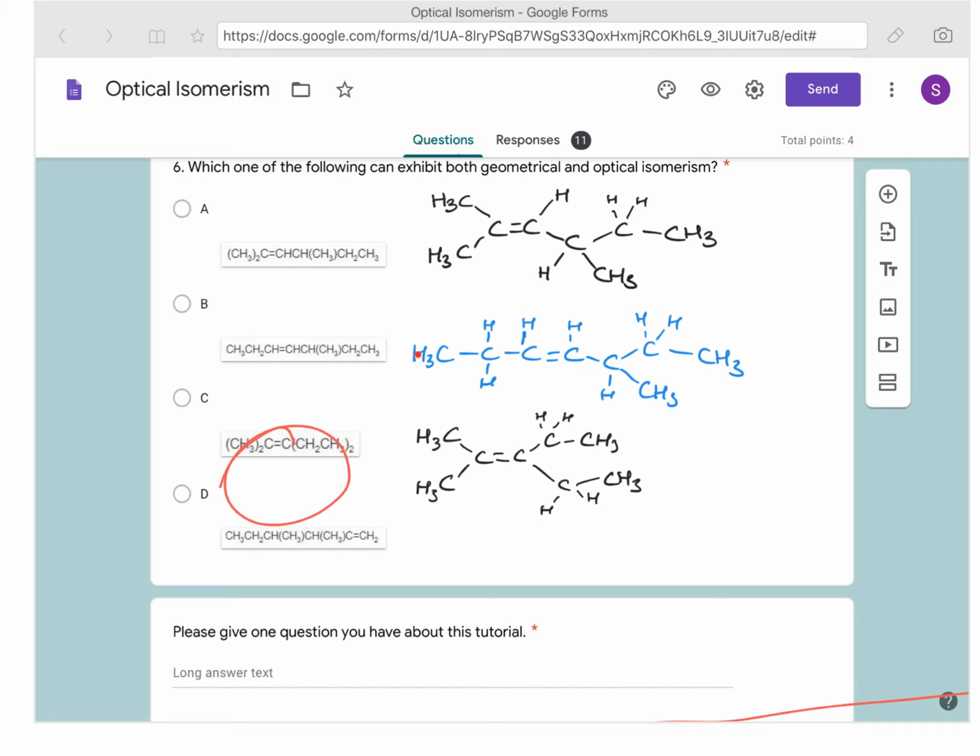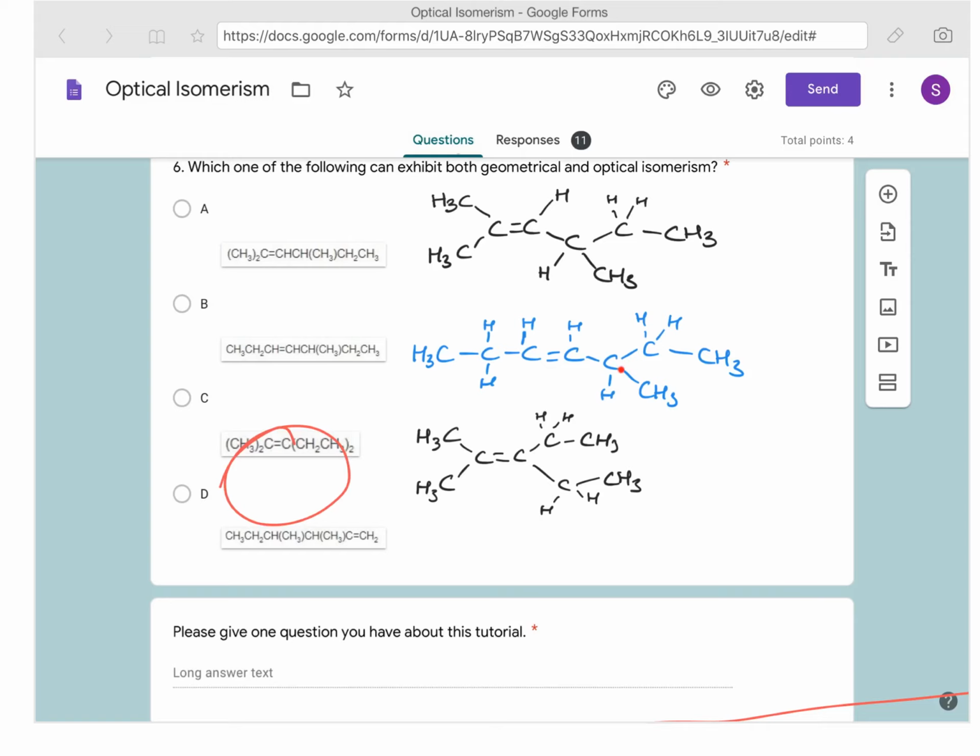This carbon here has three hydrogens, they're all the same, can't be chiral. This carbon here has two hydrogens, both the same, so it can't be chiral. This carbon has a double bond, so it can't have four different groups attached. This carbon also has a double bond, so it can't have four different groups attached. This carbon has a carbon, which is an alkene, a hydrogen, a methyl, and an ethyl.